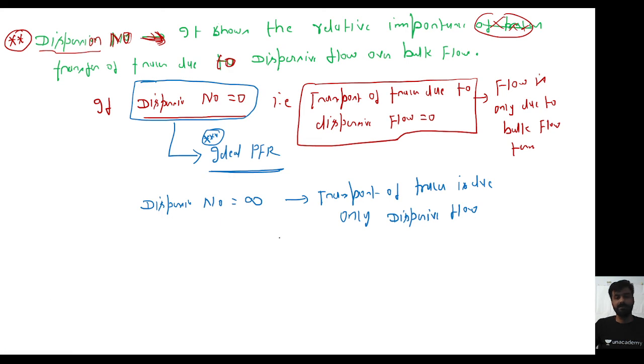And what does it signify? It signifies the case of ideal CSTR. Okay, it's a very important point that you have to keep in your mind whenever you are going to give your interview in any public sector and in any company.